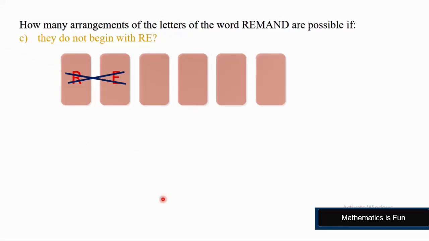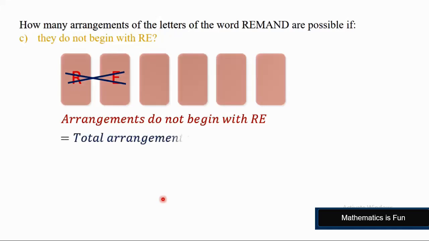So the total arrangement consists of 2 parts: one part begins with RE, and the second part does not. So the arrangements that do not begin with RE are the total arrangements minus the arrangements that begin with RE.